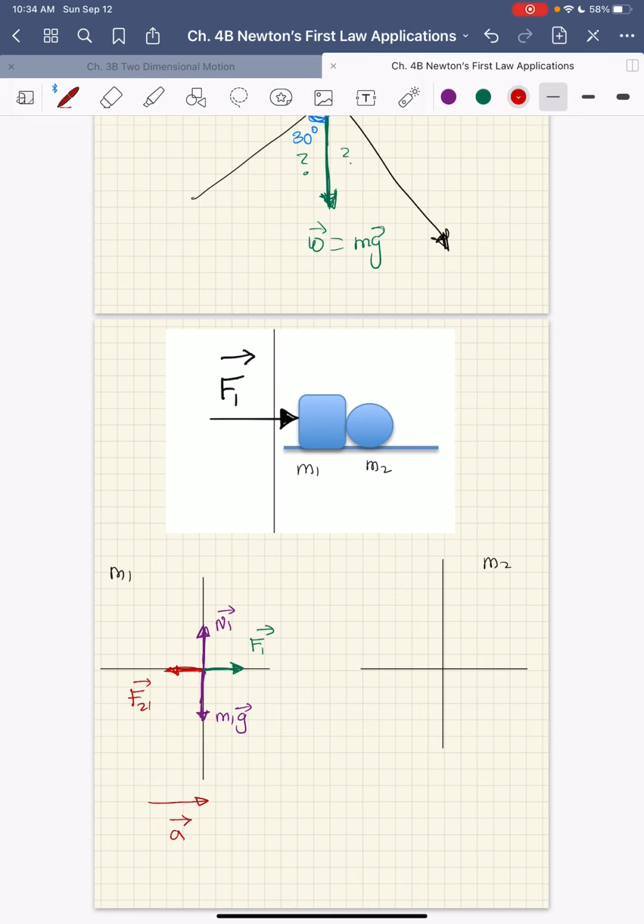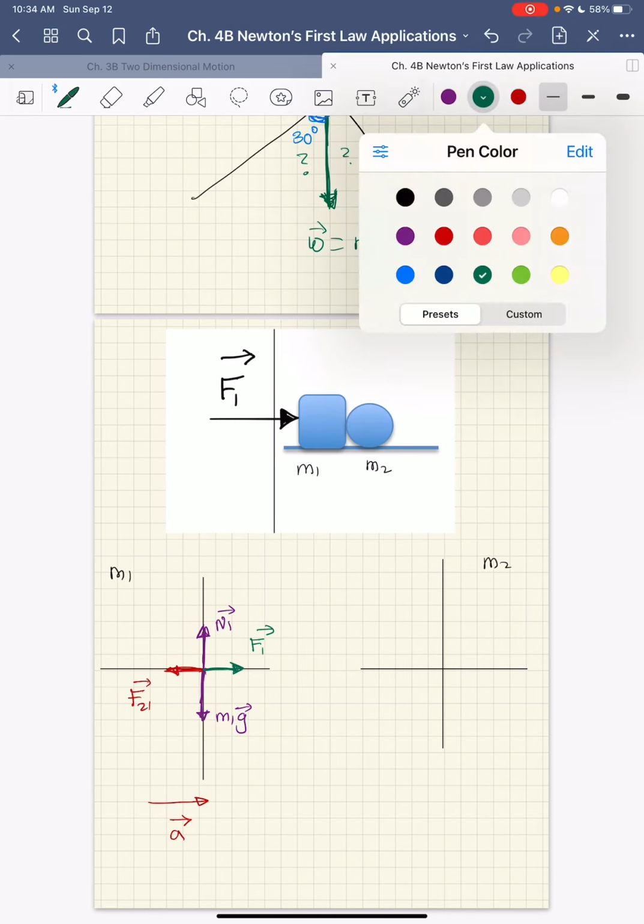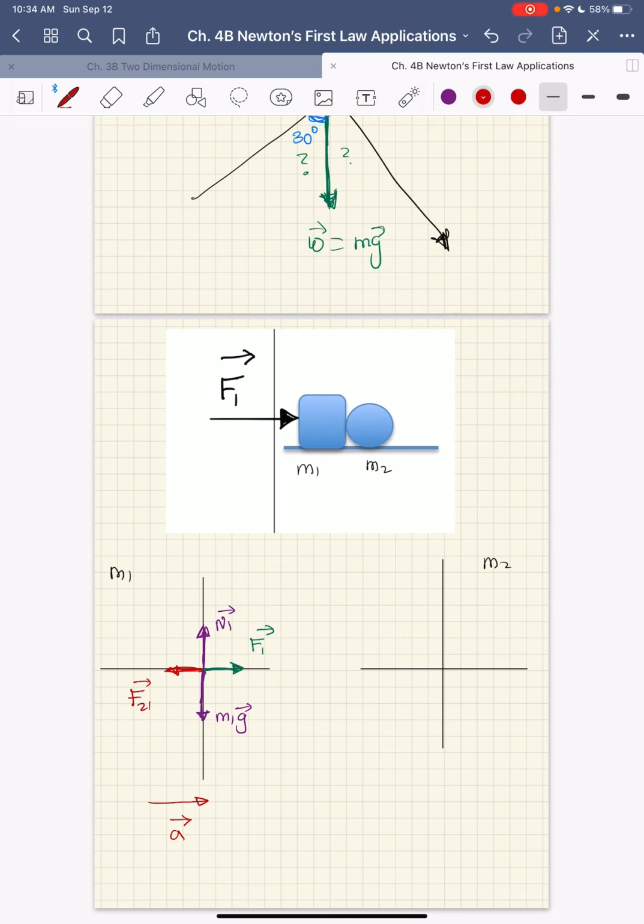Now for mass 2, let me have different colors. This is M2g. This is normal 2.